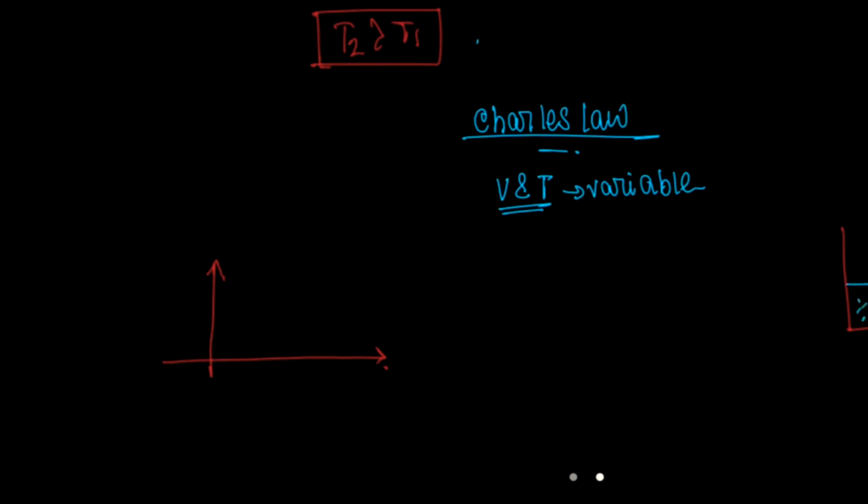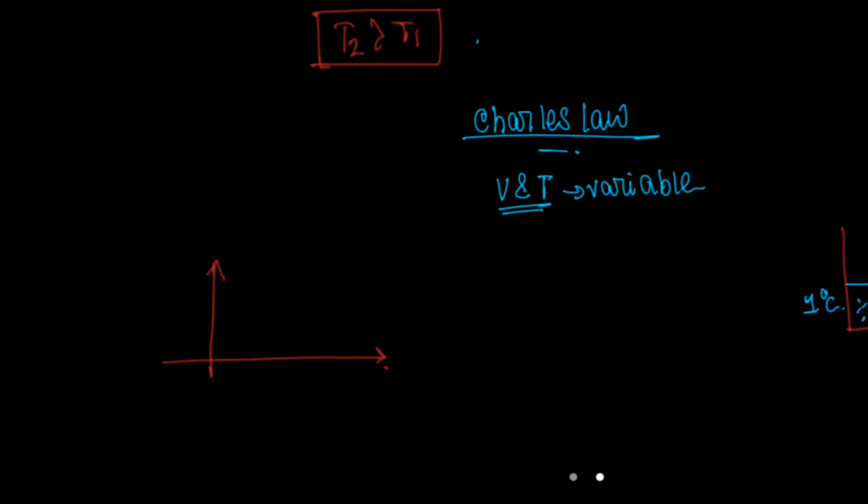Now, I am heating this beaker from here. When I saw the temperature increase by 1 degree centigrade, at the same time I can see that with increasing temperature, the volume is definitely going to increase, right?